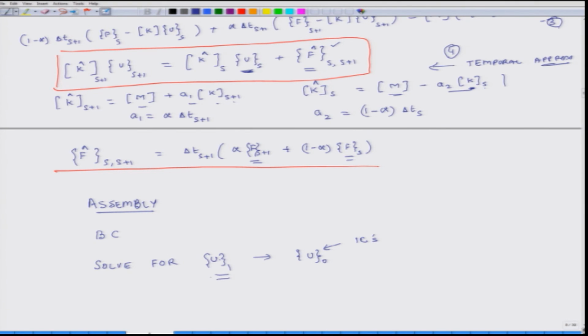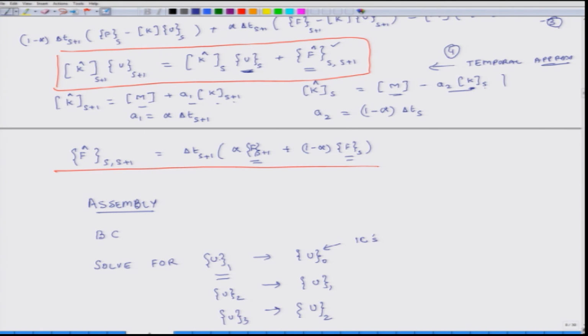Once I have calculated U1, then I calculate U2, which is at the next time step, in terms of U1, then I calculate U3 in terms of U2. So, in this way I keep on marching ahead in time, and at each point of time I calculate the solution in terms of the solution which existed in the last time step.